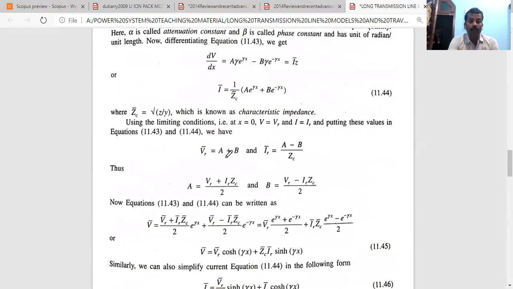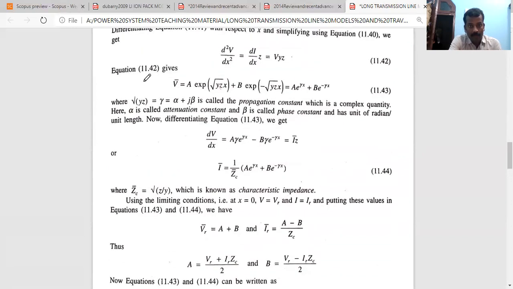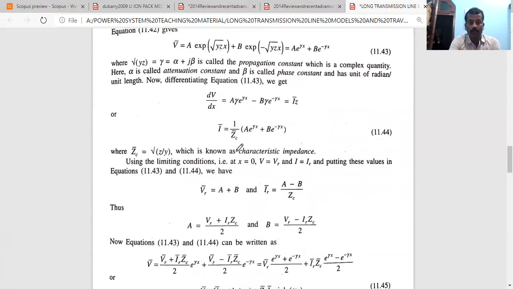Then we get VR equal to A plus B, since e to the power 0 is 1, so A into 1 plus B. Here V becomes VR, and VR becomes A plus B. Similarly, I will be IR equal to A minus B by ZC.